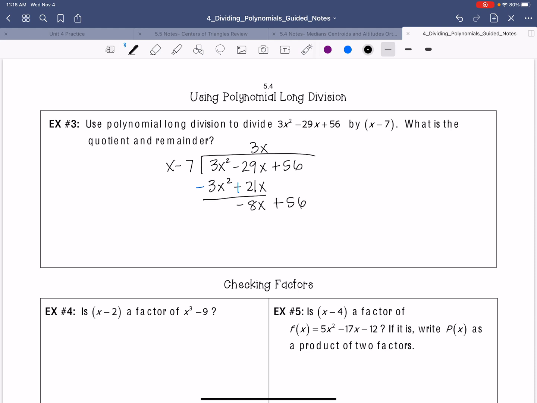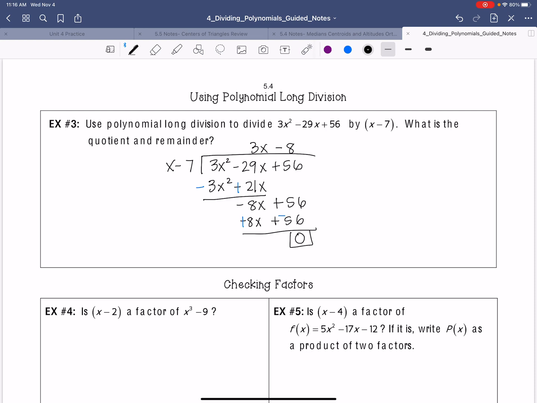So I need x to look like negative 8x, so I need a negative 8. Multiply that back, I'll get negative 8x plus 56. Change your signs, don't forget it. And these are both going to eliminate, so I have a remainder of 0.